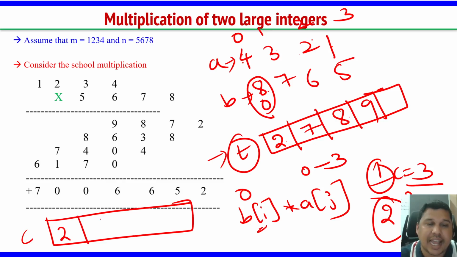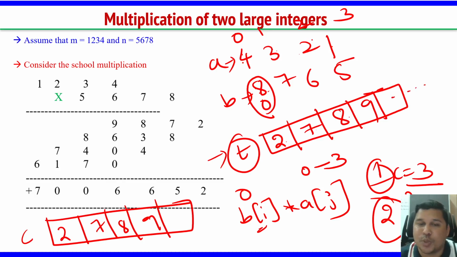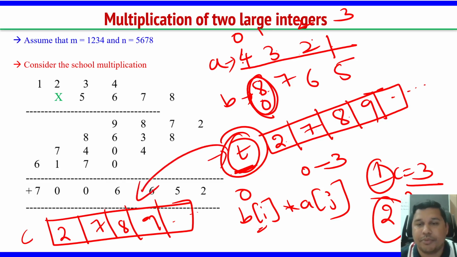Then in the C array I will copy that 8 and 9. We will talk about these zeros part later. Once this iteration is over, once I got the T array by multiplying B of 0 with A of 0, 1, 2, 3, you copy the result of T into C.